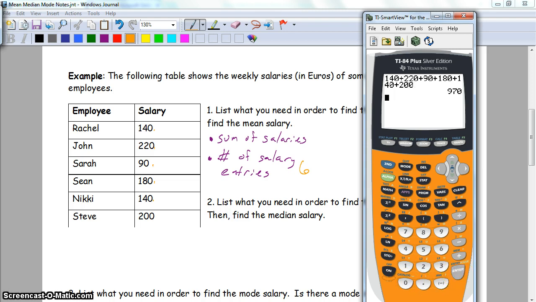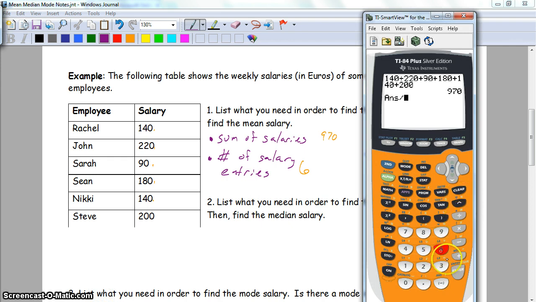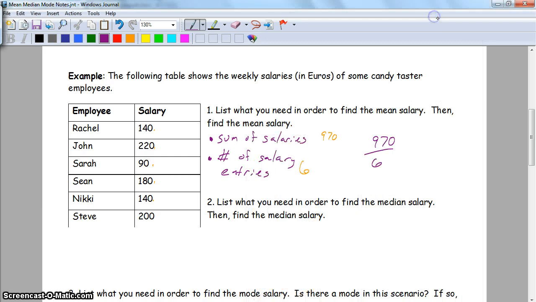Did y'all get 970? I hope so. So 970 is right there. So our average is going to be 970 divided by 6, which is approximately 161.67.